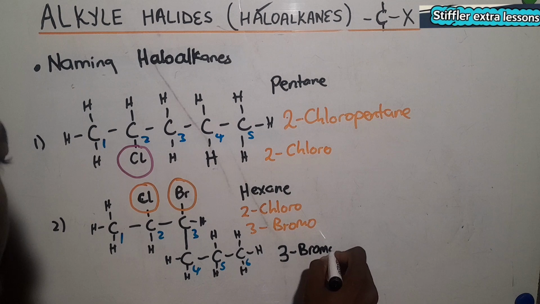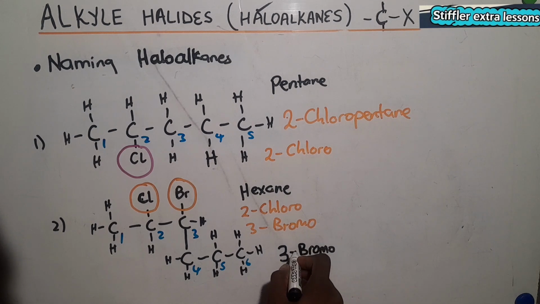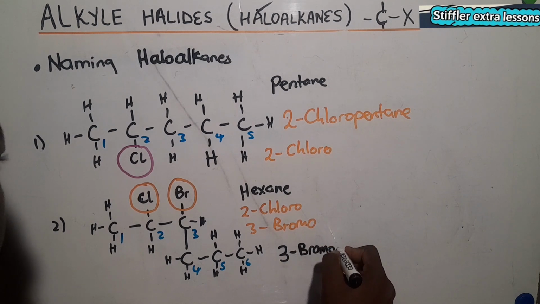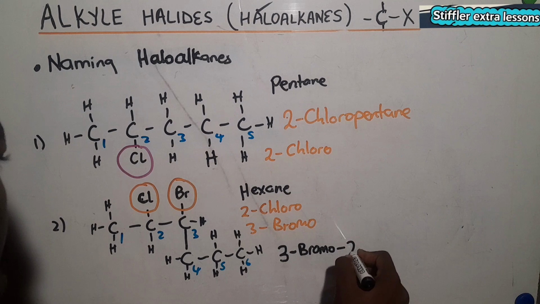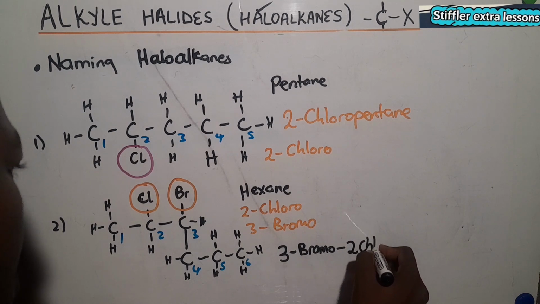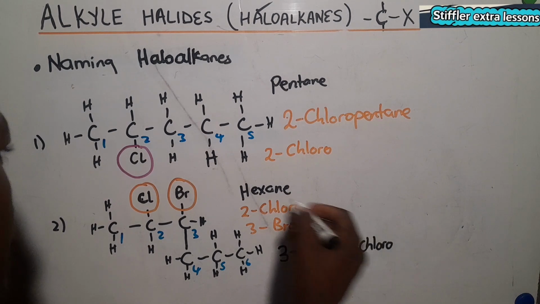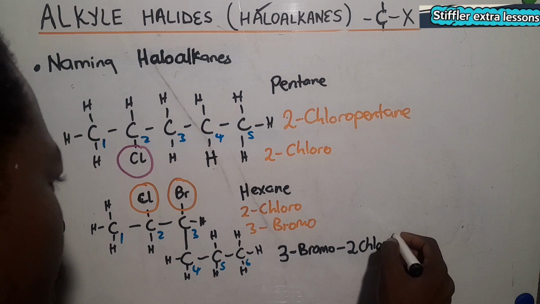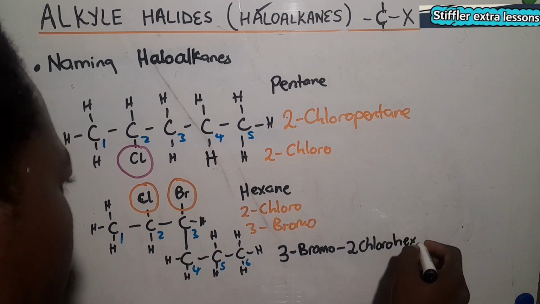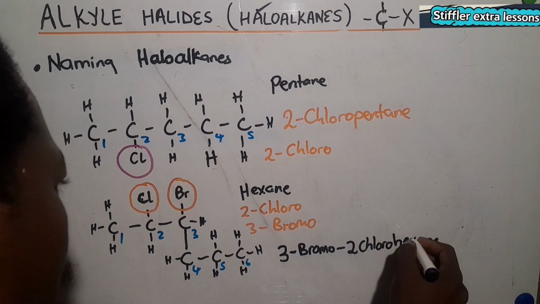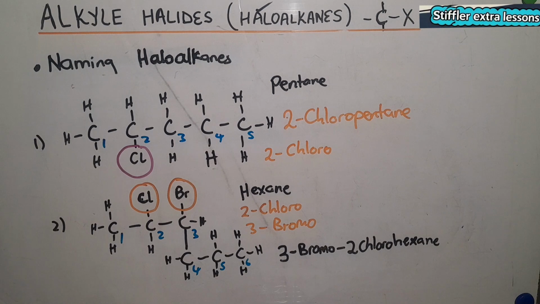So this is 3-bromo, and always remember that between letters and numbers we put a hyphen. And we are also going to name this 2-chloro, then the parent chain, hexane, like that. So that is our full name, 3-bromo-2-chlorohexane, just like that, right?